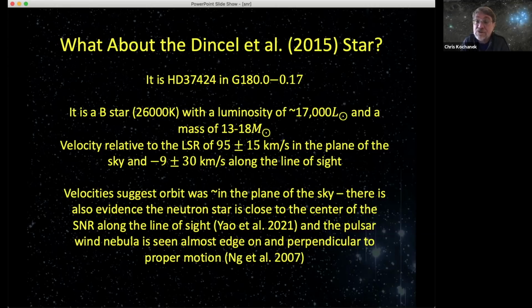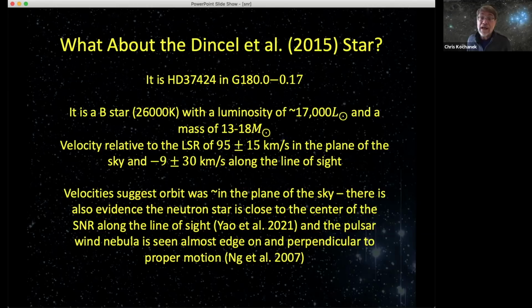So that suggests the neutron star also doesn't have a large line of sight velocity compared to its tangential velocity, which is several hundred kilometers per second. And the last one is it's got a pulsar wind nebula, which is seen edge on and perpendicular to the proper motion. And that also suggests the motion is mainly in the plane of the sky.